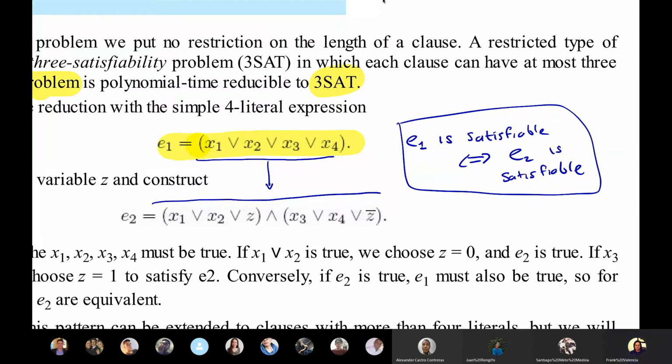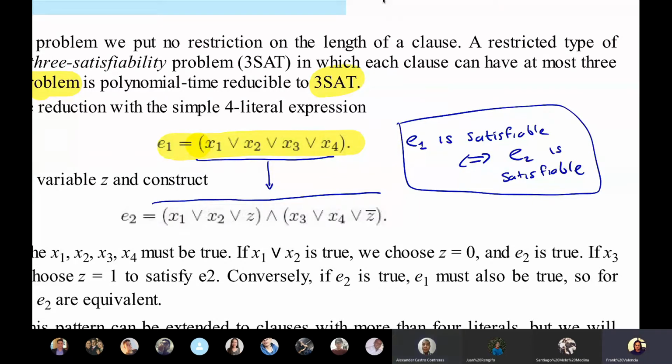Why? Because they are equivalent. If one of the literals is true, the expression is true. If all the literals are false, E2 is also false because the new variable z can be true on the left and true on the right because it's the negation. So it can be true on both sides.